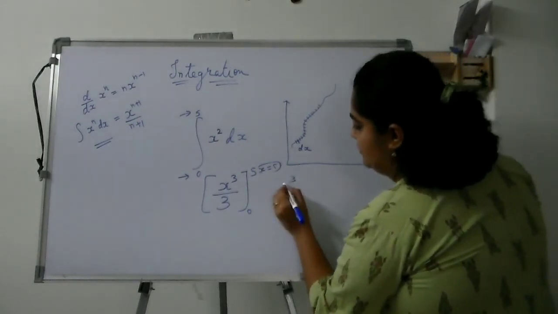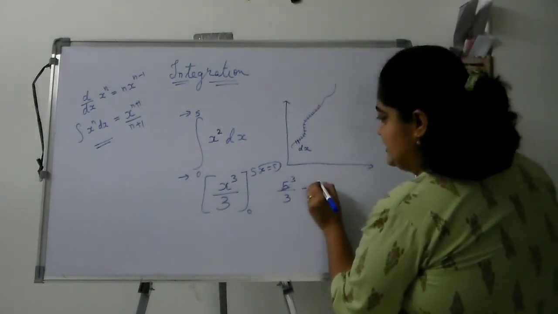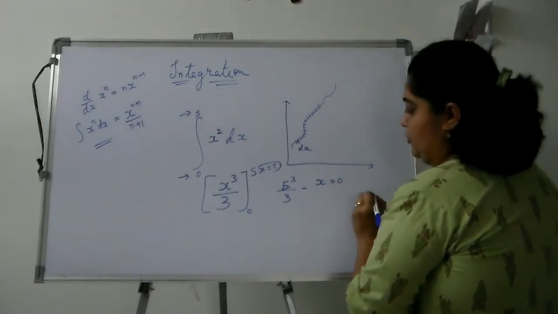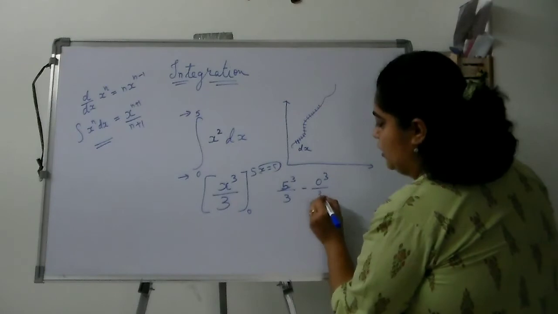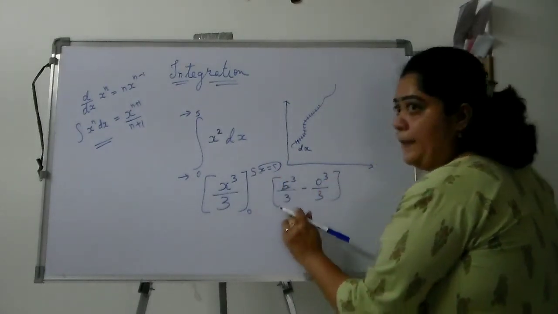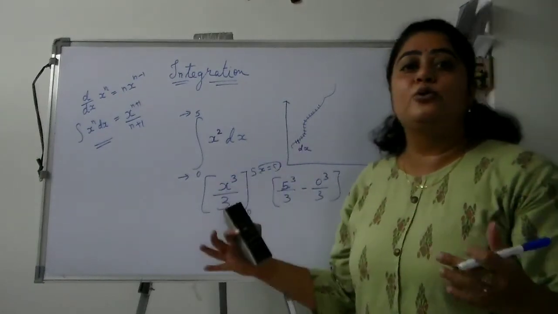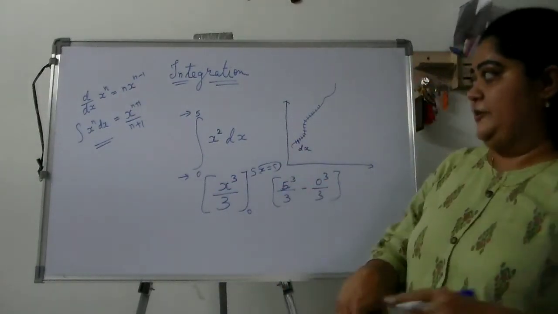So this becomes 5 cube, minus the lower limit. What is x? x is equal to 0. So we write 0 cube upon 3. So this is upper limit minus lower limit. This way we will be able to solve all our physical problems using the integration sign.